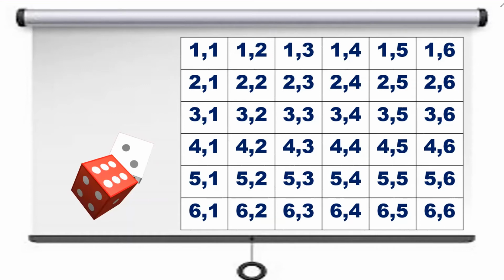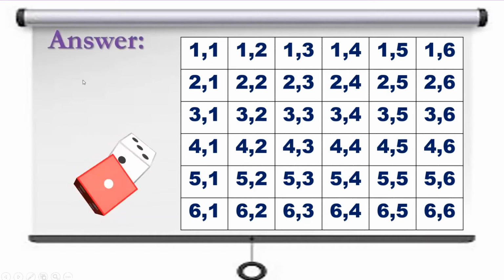There are so many, right? So, 1, 1. It's possible that both dice land with 1 facing up. You can see 1, 2; 1 and 3; 1 and 4; and so on, up to 6, 6. So, there are 36 possibilities, 36 ways.